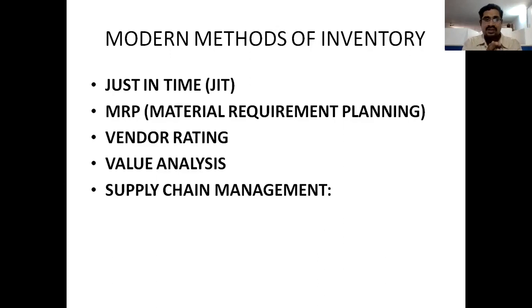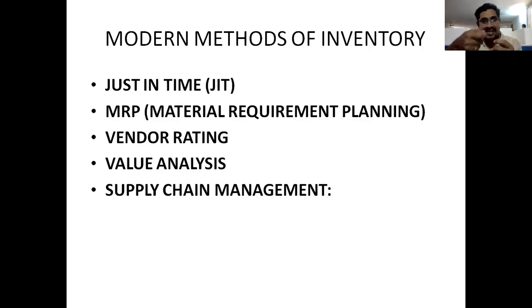After that, the distributor will sell these goods to the dealers. Then dealers will sell the goods to the wholesalers, wholesalers to retailers. Then retailers will sell the goods to the customers. We are the customers.